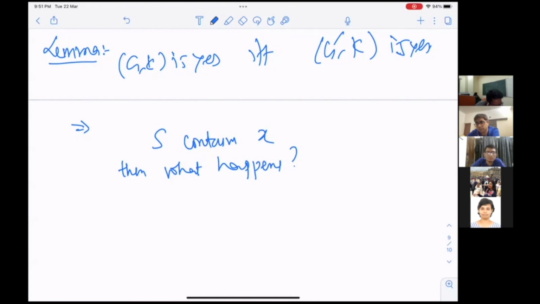I'm not saying that. All I said is S contains X. I'm saying that if x is in the vertex cover in G, then I can replace it with y or z.